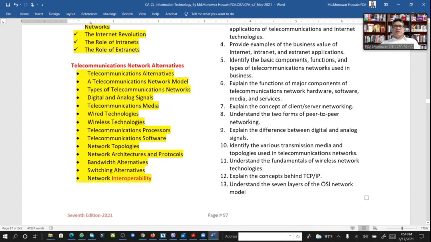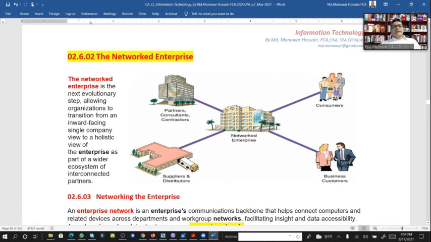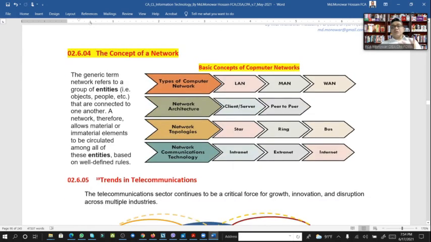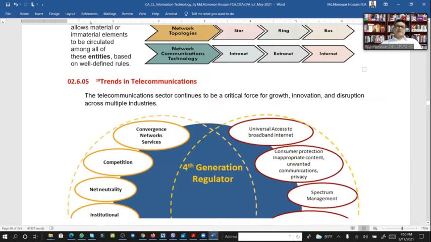We have seen the enterprise network and the concept of networks: types of computer networks, LAN, WAN, network architecture, client-server, peer-to-peer, network topology such as star, ring, bus, and network communication technology: internet, intranet, and extranet.